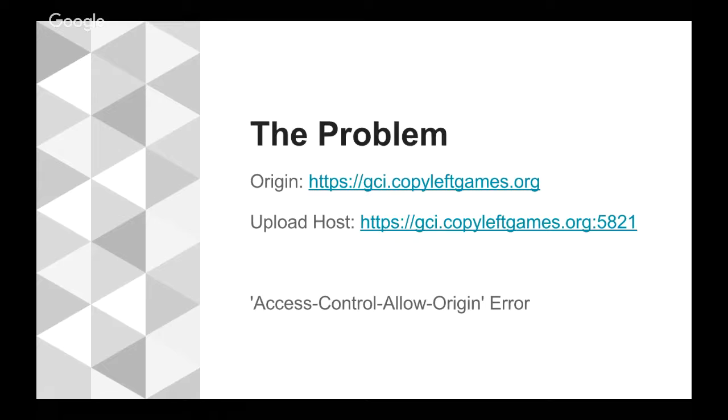And we ended up getting an Access-Control-Allow-Origin error, which is something your browser does to protect you from malicious JavaScript scripts and things like that. So I had to change some Prosody server code to allow these uploads to happen across these two different domains.